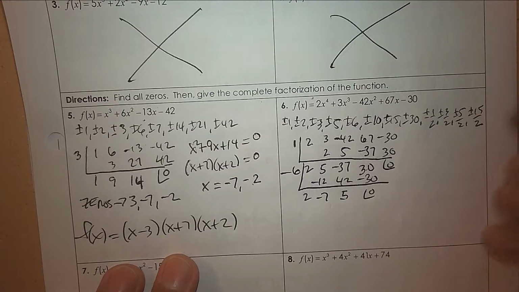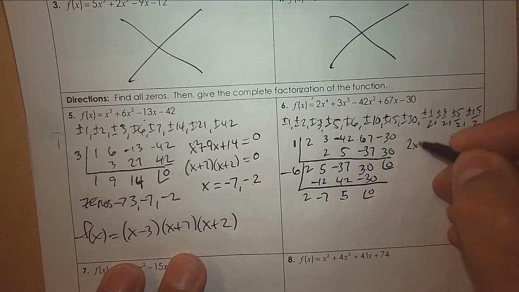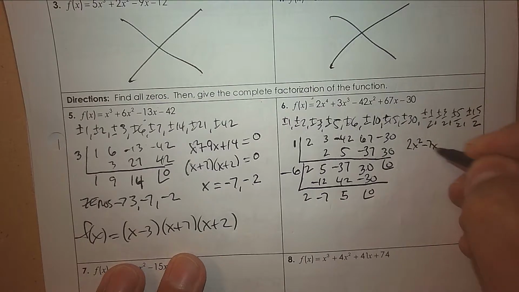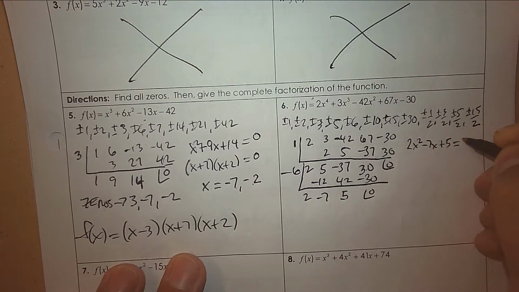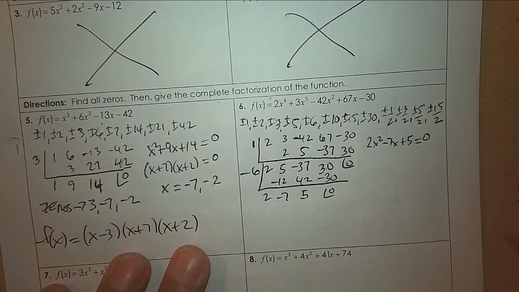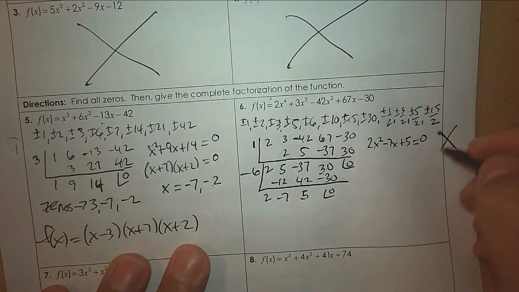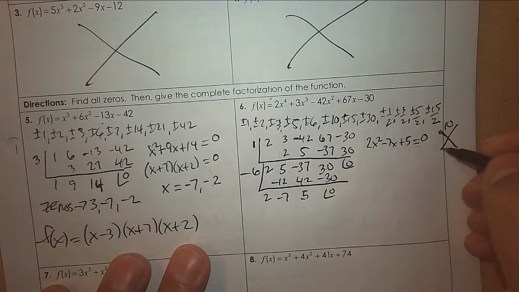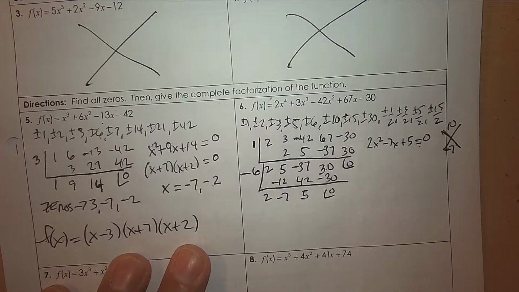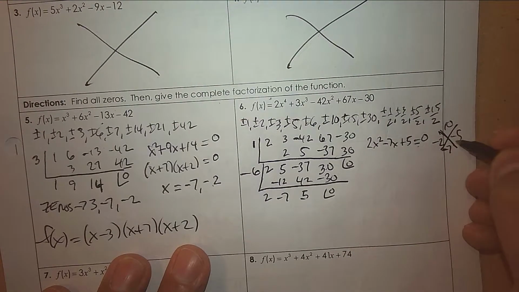Now what's left over is 2x squared subtract 7x plus 5. That's actually factorable. So 2 times 5 is 10, and negative 7. The two numbers are negative 2 and negative 5.